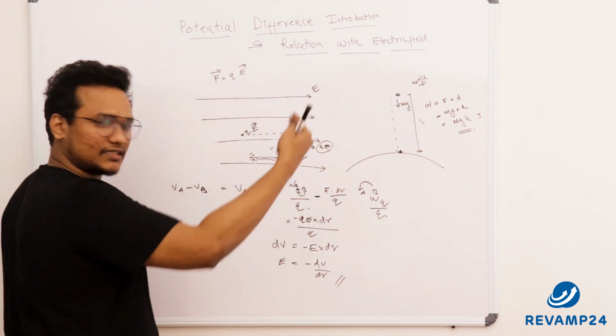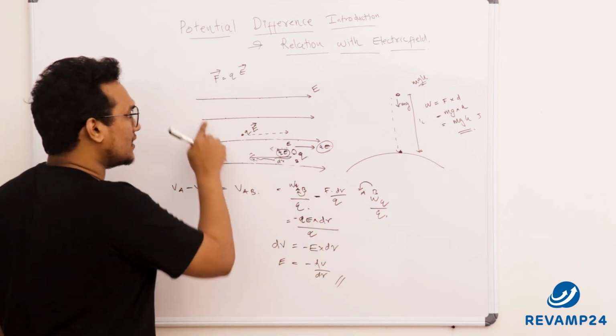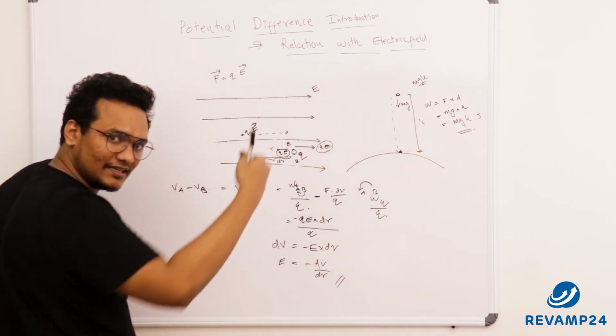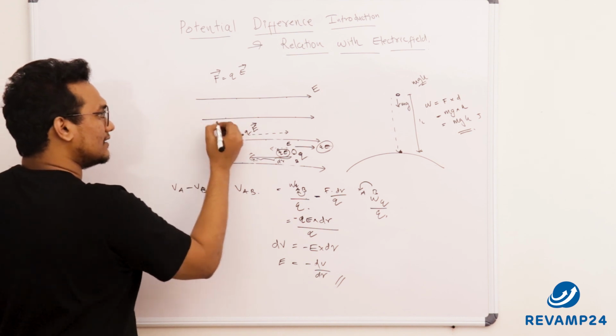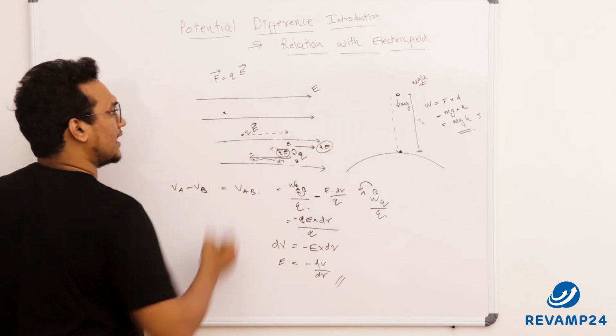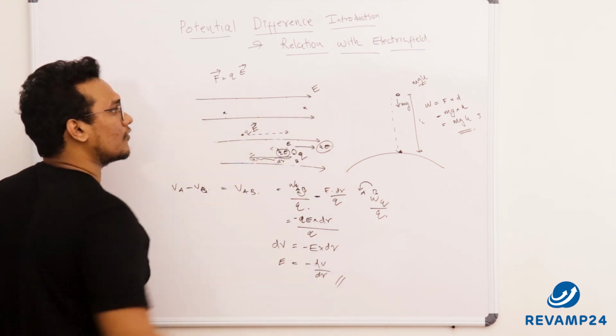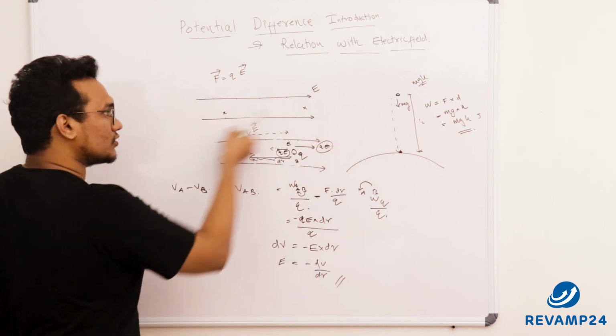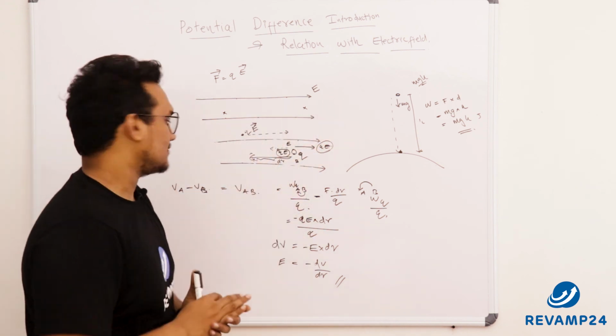When E is positive, dV is negative, which means along the direction of electric field, the potential decreases. So here this is the direction of electric field, this is at higher potential and this is at lower potential. Along the direction of electric field the potential decreases, opposite to E the potential increases. That's all.